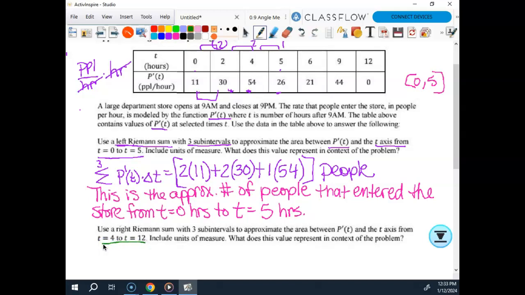I'll scroll up and write in just a minute. So when I'm going from 4 to 12, I only have 3 subintervals. I still have to go from 4 to 12. Does that make sense to you? So I have to decide how I'm going to break that up. I still have to start at 4.